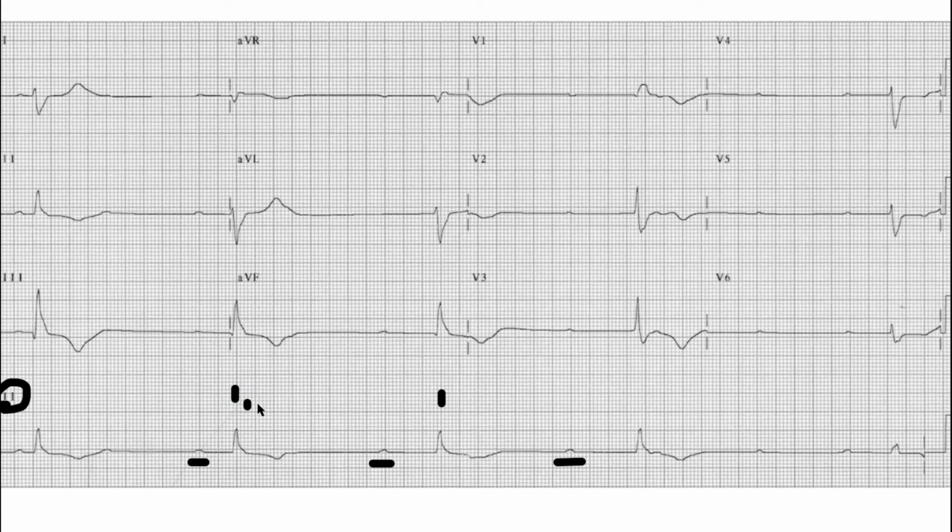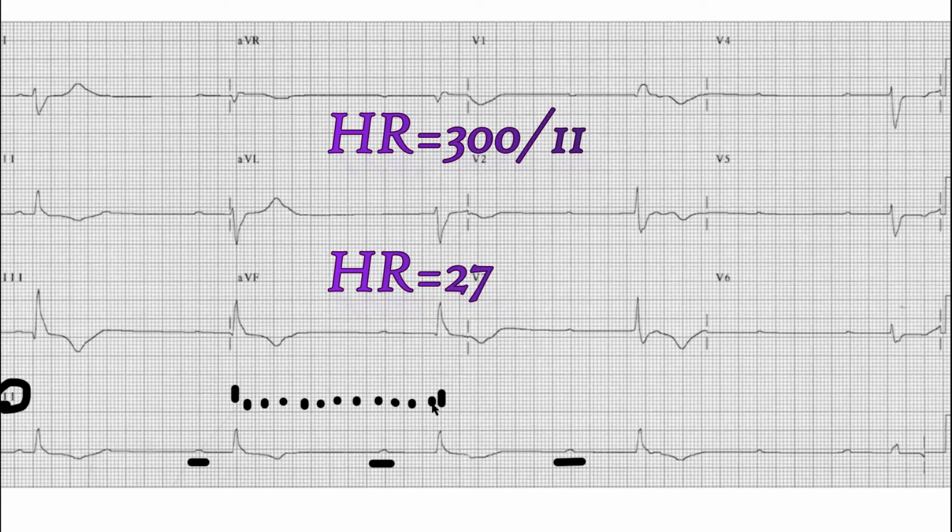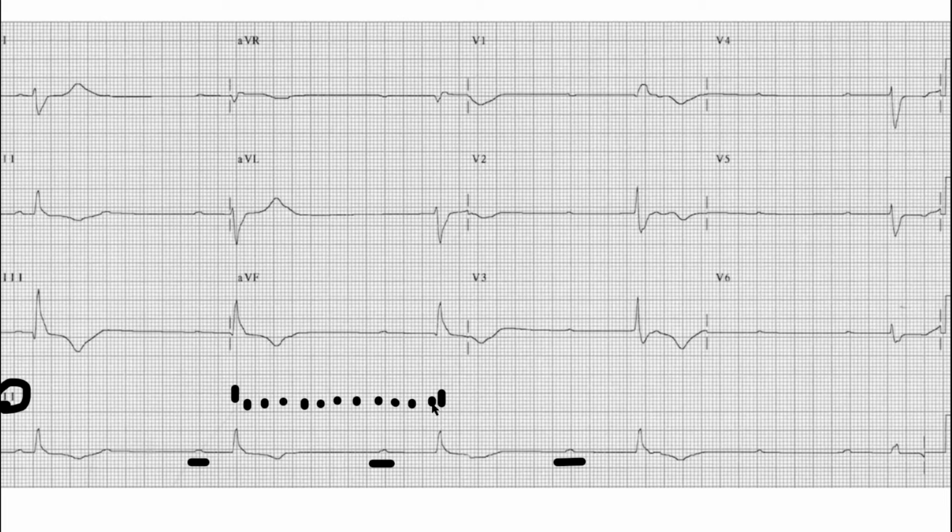This is 1, 2, 3, 4, 5, 6, 7, 8, 9, 10 and 11. To get the heart rate, we will divide 300 by the number of large boxes, which is 11 in this case. So 300 divided by 11 is equal to 27. So the heart rate is 27 beats per minute. So this is a bradycardia.